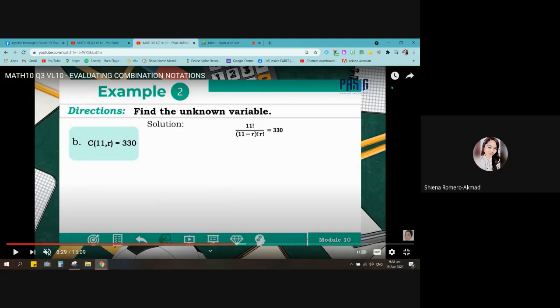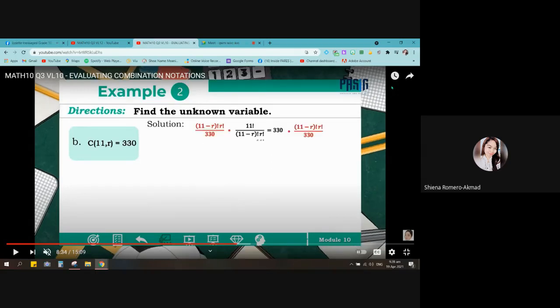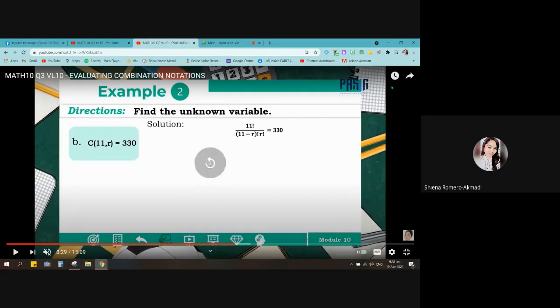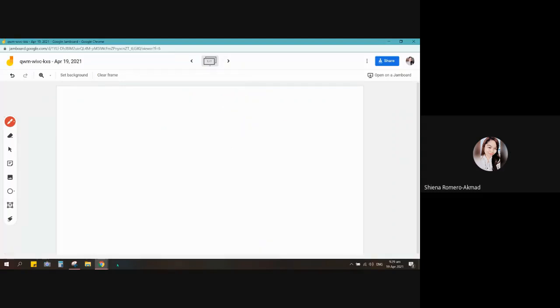Okay? So dito sa part na to, explain ko sa inyo yung step-by-step na ginawa niya. Kasi yun lang din naman yung patutunguhan ng solution ko. Ginawa niya dito, sige na nga, papakita ko na para mas malinawan kayo.